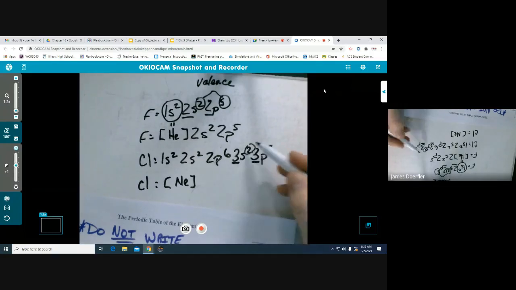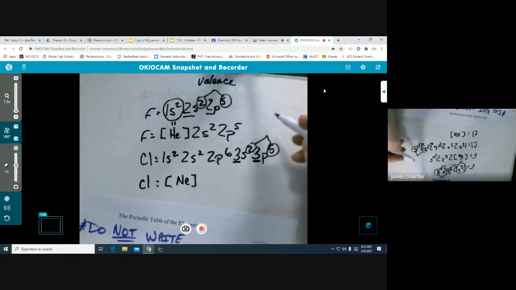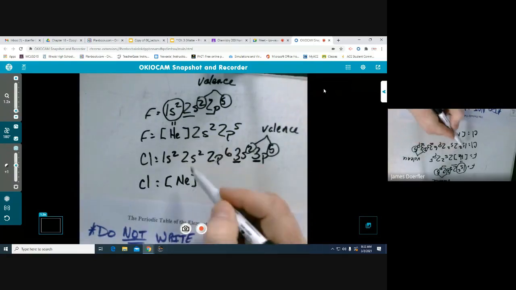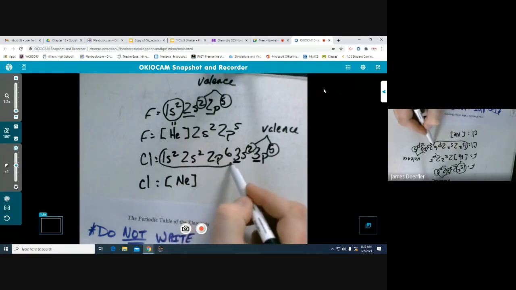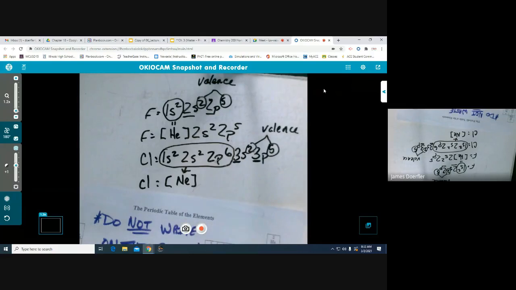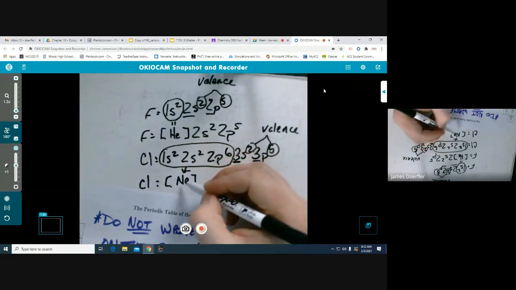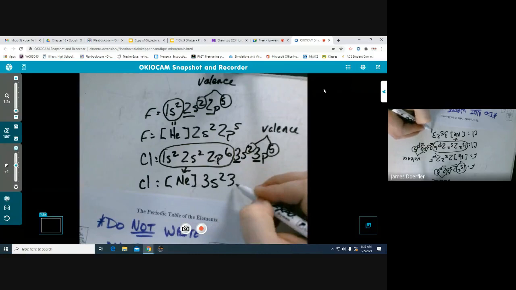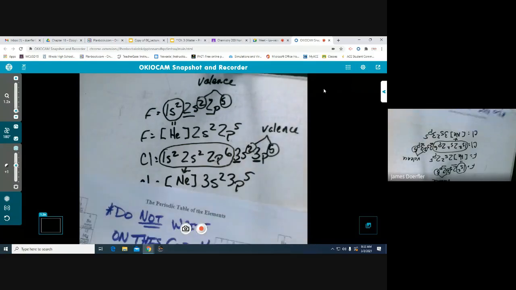So that means that, again, these electrons are your valence electrons. And neon now represents everything that comes before those valence electrons. So I substitute in my noble gas, and I get 3s2, 3p5.